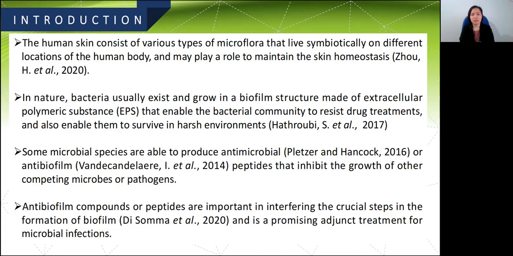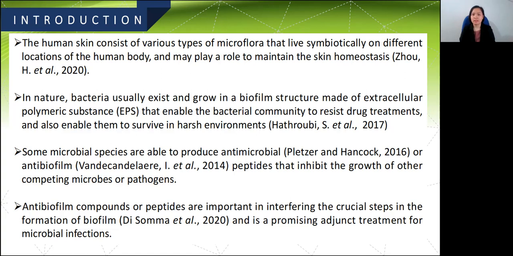Moving on to introduction, the human skin consists of various types of microflora that live symbiotically on different locations of the human body and may play a role to maintain the skin homeostasis. In nature, bacteria usually exist and grow in a biofilm structure made of extracellular polymeric substance that enable this bacterial community to resist drug treatments and also enable them to survive in harsh environments.